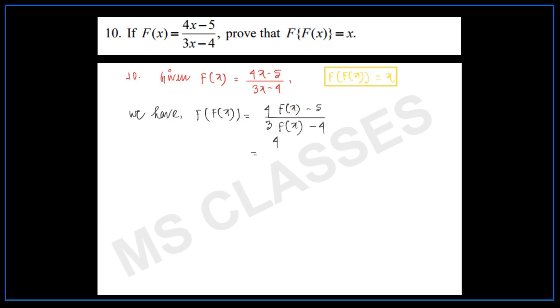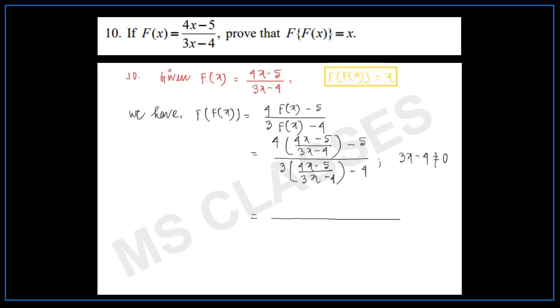There is (4 into (4x minus 5) by (3x minus 4) minus 5) whole divided by (3 into (4x minus 5) by (3x minus 4) minus 4), provided 3x minus 4 not equal to 0.